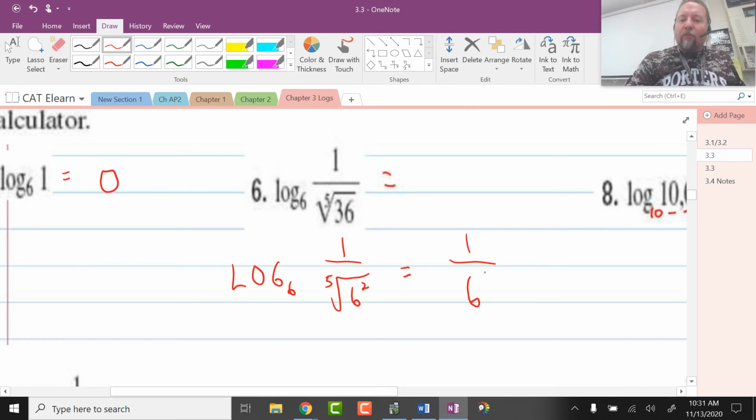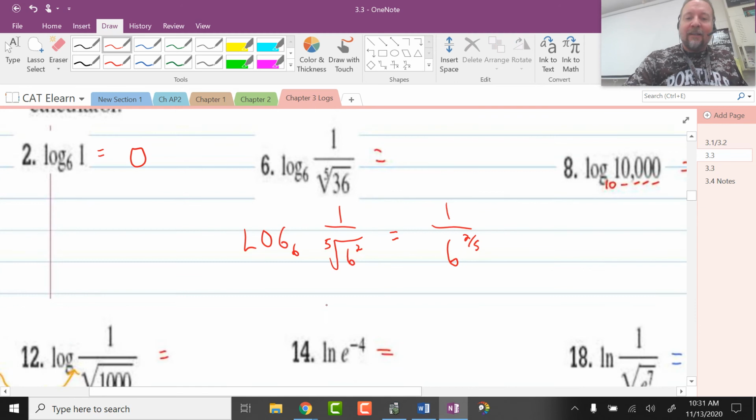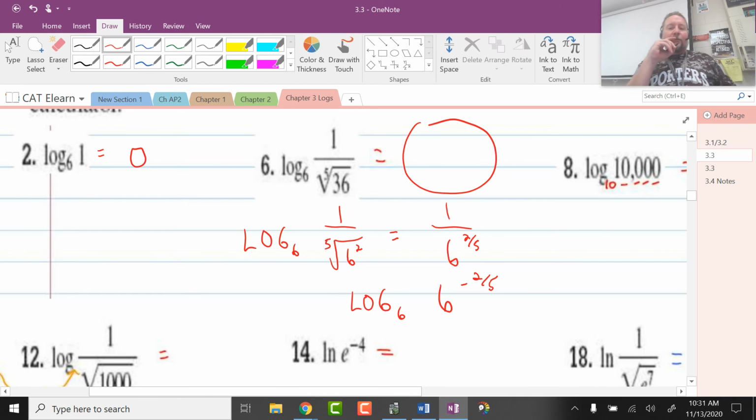And then 1 over. What kind of exponent do we have when it's, okay, so here's what I want you to do. Log base 6 of 6 to what power now? How do I flip this? What happened? All right. And then here's the big thing now. What's the answer? What do I put in that circle? You are correct.